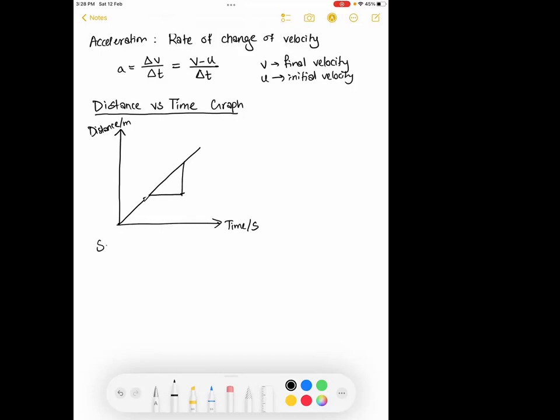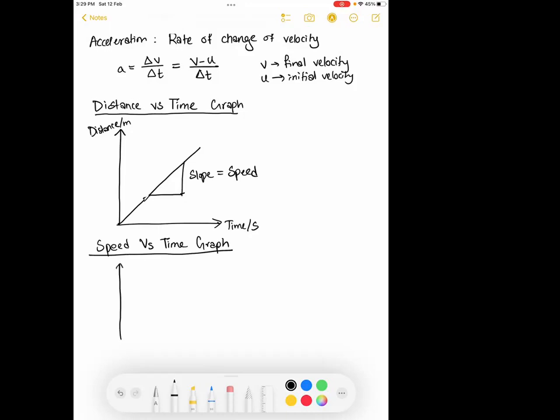Now, the next graph that we're going to talk about is speed versus time. Okay, next graph is the speed versus time graph. Now, what does it look like?